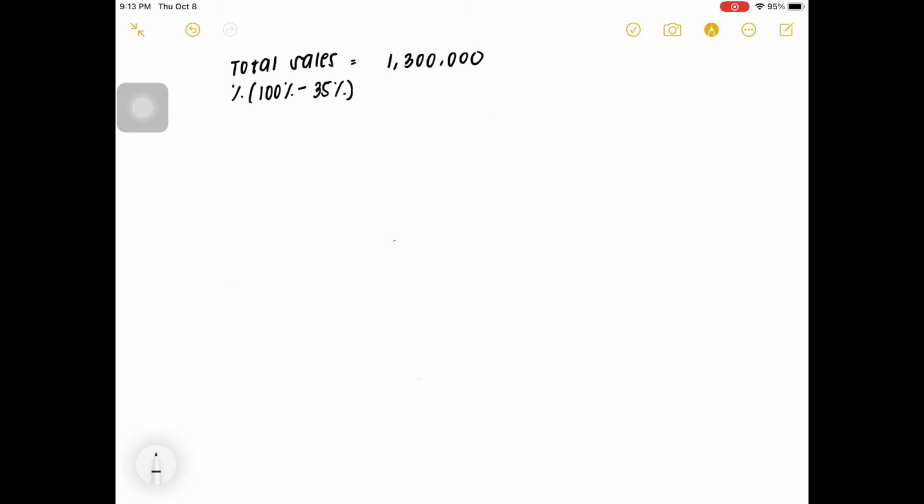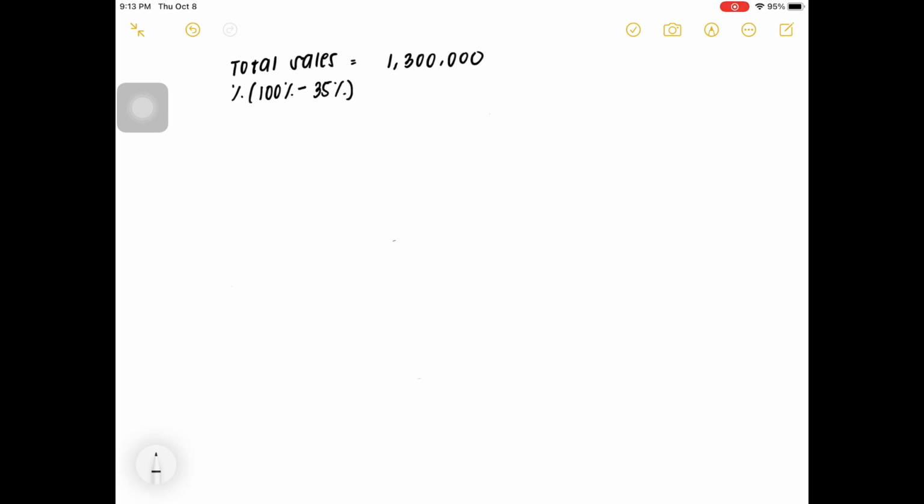So why? Because if we're just simply going to multiply the 35% to the total sales, we will get the contribution margin. However, we want to know how much is the total variable cost. So to get that, we have to deduct the 35% contribution margin ratio from 100%. The 100% represents sales.